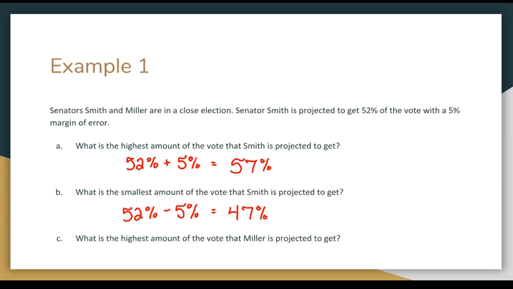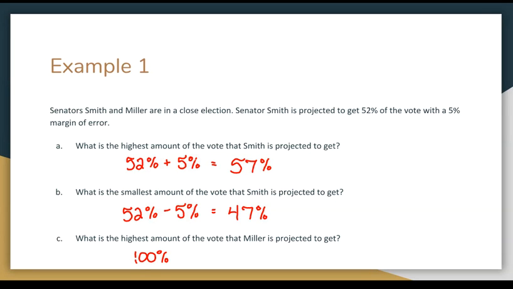Let's look at part C. What's the highest amount of the vote that Miller is projected to get? Well, Miller would get the highest percentage of the vote when Smith gets his smallest percentage, right? The other candidate would get the highest percentage when the candidate that we're talking about gets the smallest percentage.